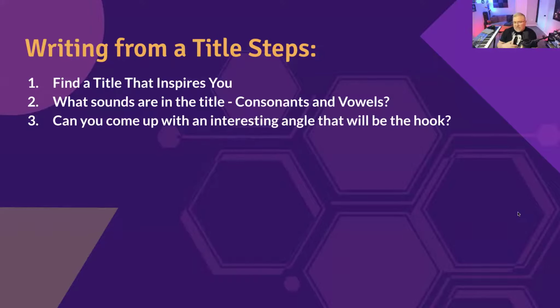And try to come up with different angles and try not to go with the first thing that pops into your mind, because the first thing that pops into your mind is probably what's popping into everybody else's mind as well. So I want you to not just land on the first thing that comes up, but really run your idea through different options and angles to really see what is the coolest and what resonates with you the most. So you actually have choices.